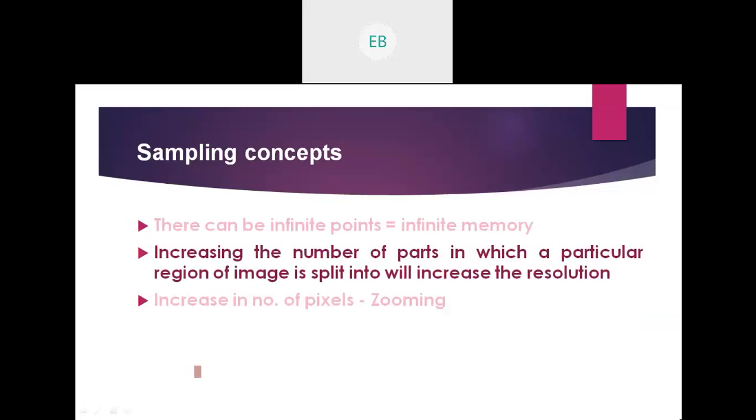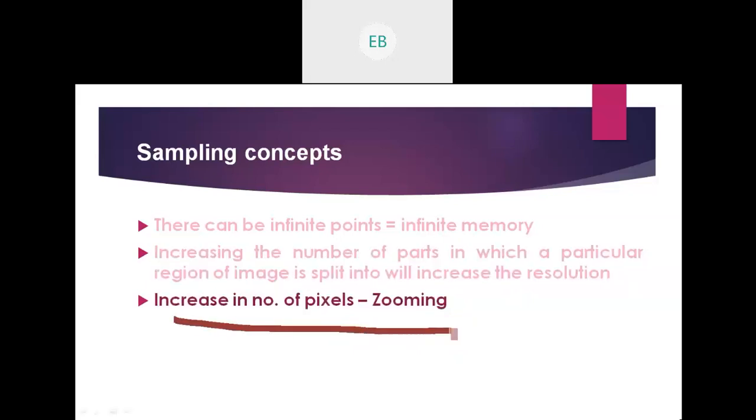However way you want to divide the pixels into subpixels, it will increase the resolution, but we won't have much space. Increasing the number of pixels is called zooming.